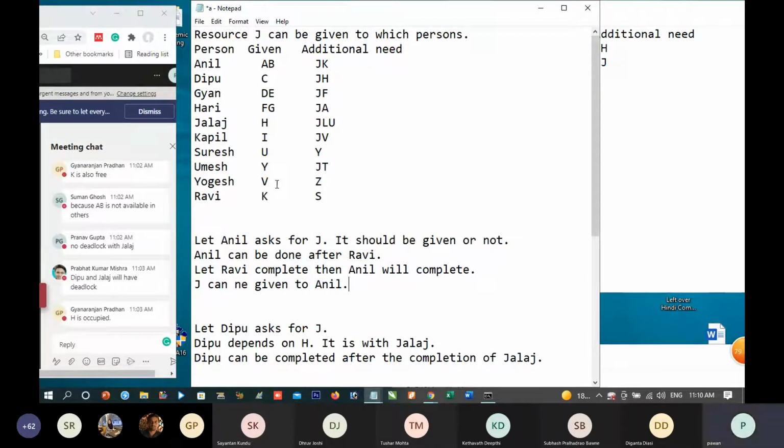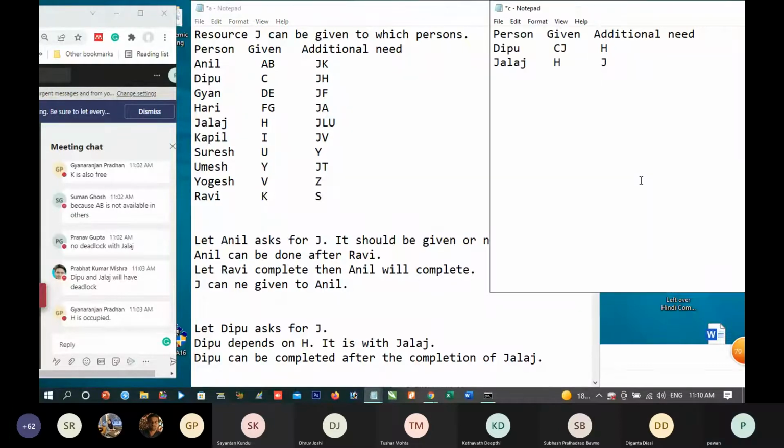So let us first finish the job which holds K, which can be done very easily, because Ravi will take S and will complete, and after the completion of Ravi, Anil can complete. Do you understand? So let us see what a resource allocation graph is.